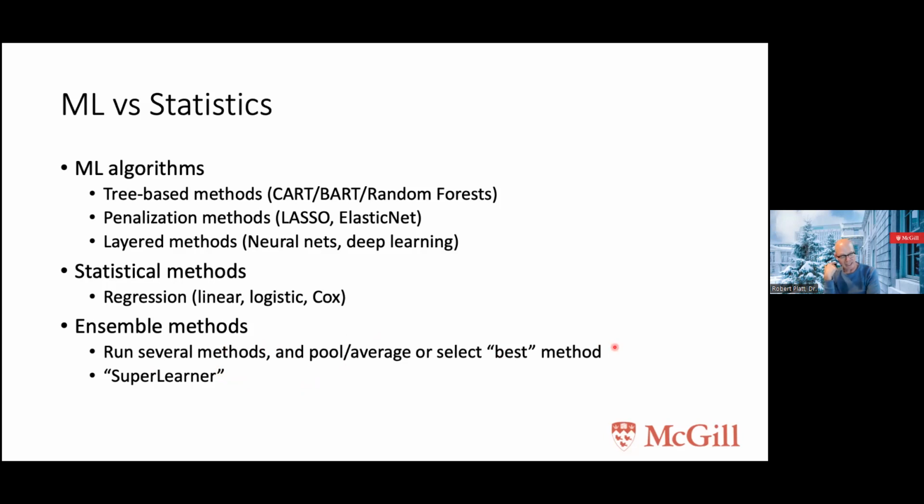And the idea behind this is sort of standard, statisticians would say central limit theorem theory. The average of a bunch of methods is bound to be better than any one of those methods by itself.